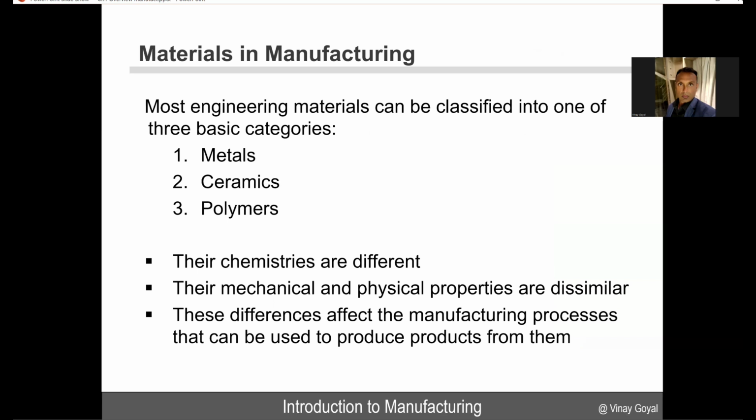Most engineering materials can be classified into one of three basic categories: metals, ceramics, or polymers. In all these three cases, their chemistries are different, their mechanical and physical properties are dissimilar, and this difference will affect the manufacturing processes that can be used to produce products from them.